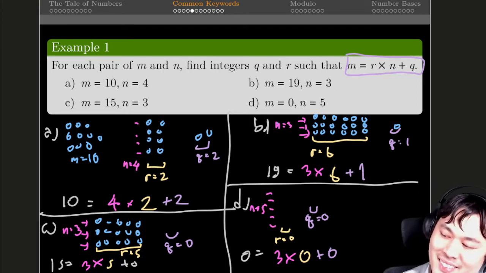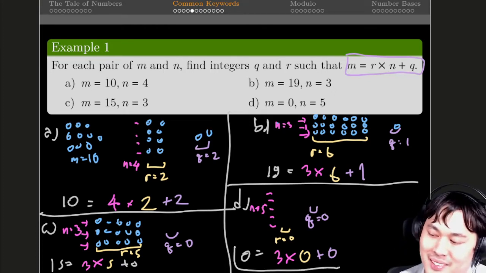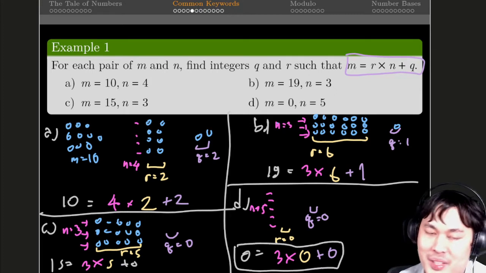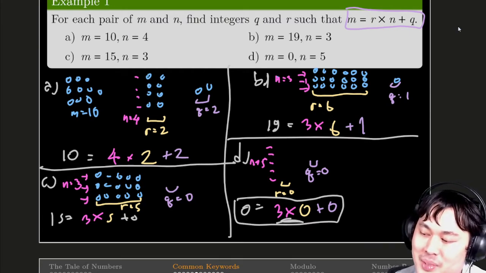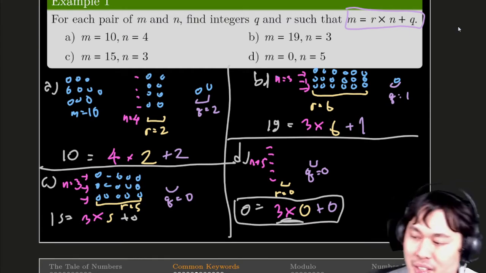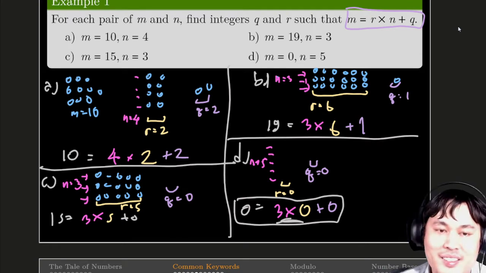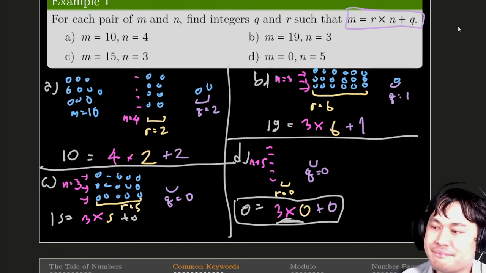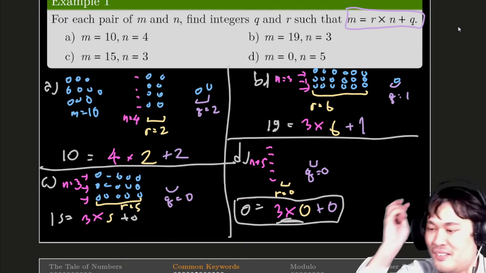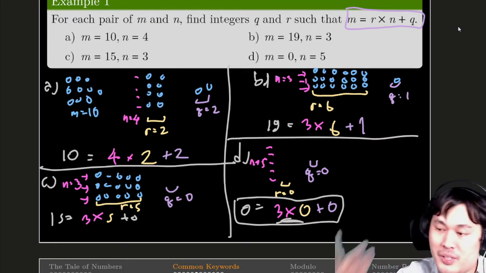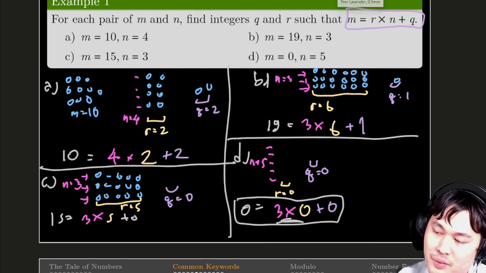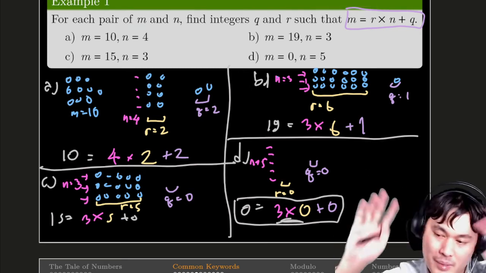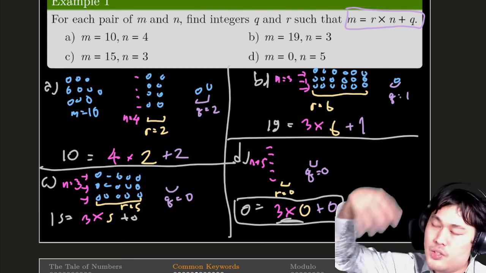Weird, right? It looks very weird, but that's how we divide. 0 equals 3 times 0 plus 0. Yes, you can divide 0 objects into 3 groups of equal size. Each group has 0 objects. Yeah, it's weird, but once we have a way to deal with all the numbers, then we can use the definition.